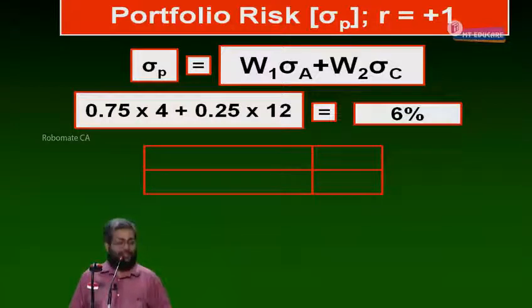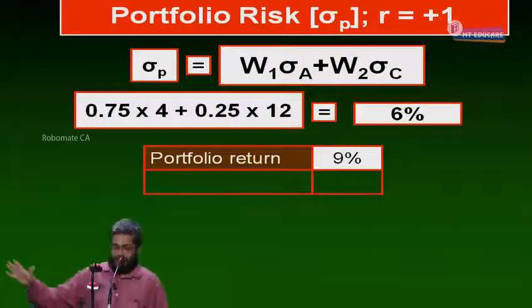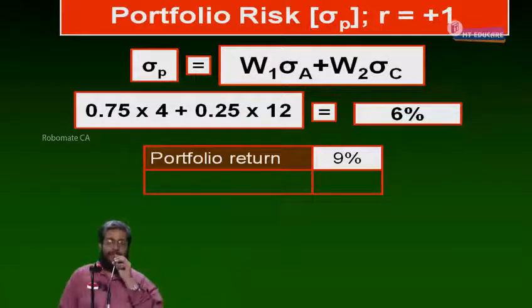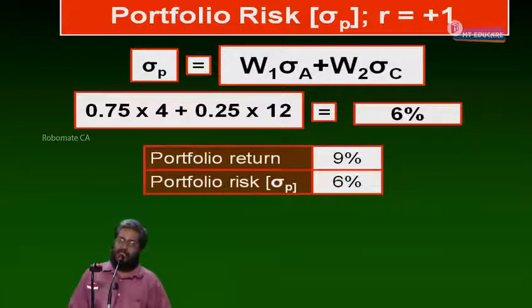Now, let us continue. Portfolio return 9%. This portfolio is expected to give me how much return? 9%. Portfolio risk, sigma P, how much percent? 6%. Portfolio return 9%, portfolio risk 6%. Is it a good portfolio or not? Is it efficient or inefficient?